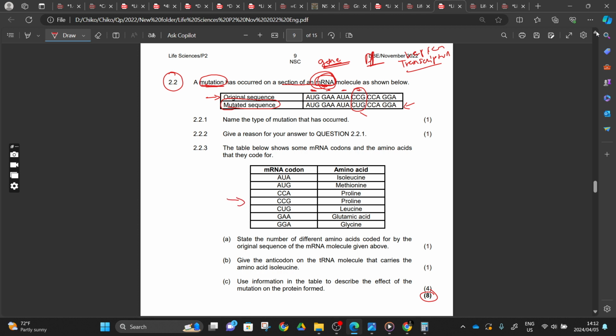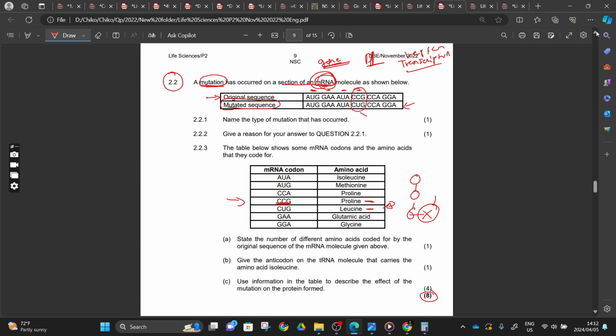The conclusion, we are going to find it here. If this CCG, let's see, where is CCG? There's CCG, it codes for proline, and CUG codes for leucine. So it means an amino acid was changed there, right? In a protein, if one amino acid is changed, we are going to affect the production of that protein.